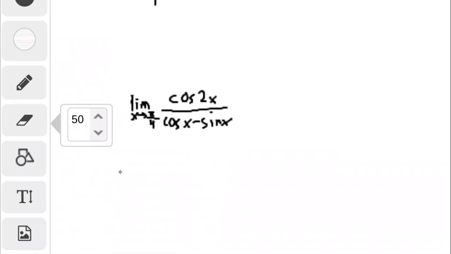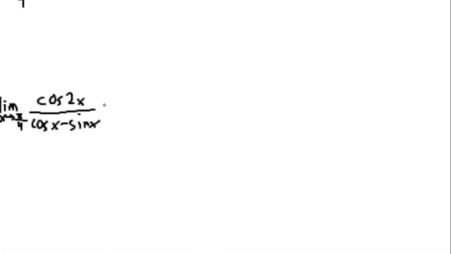So now what we have to do is start doing some manipulation. Now, remember your double angle identities will tell you that cosine of 2x is the same as sine squared of x minus cosine squared of x.